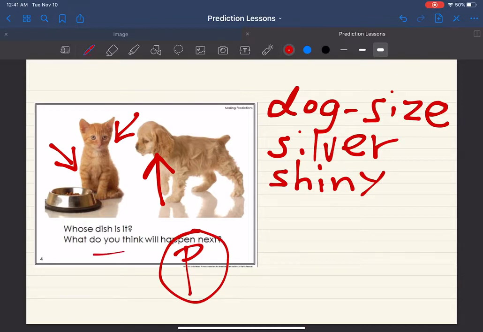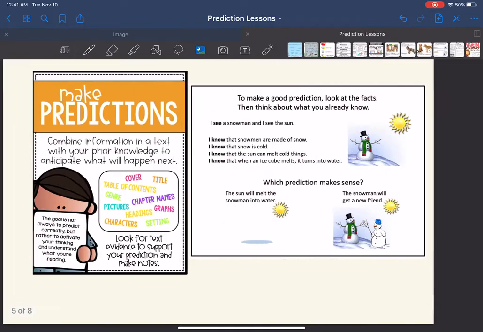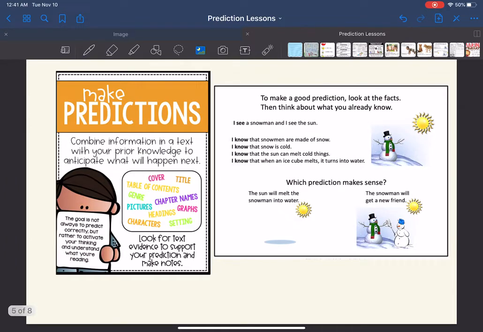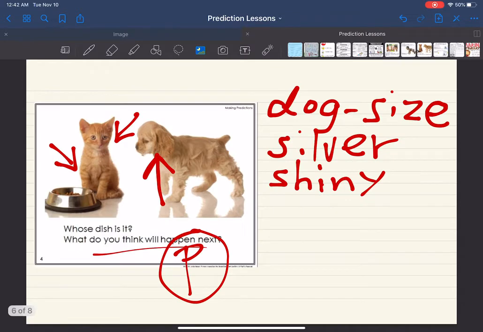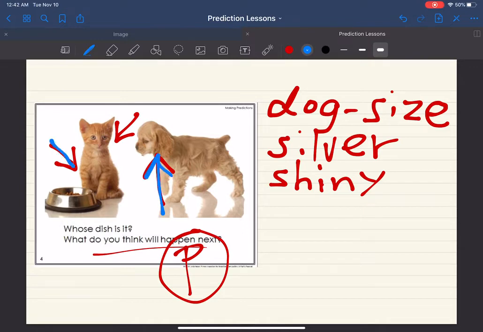Remember on the previous slide, it talked about what didn't necessarily make sense because it didn't really support the facts. But when I look at this slide and I look at the puppy again and I look at the kitty again, I see that they're both pretty chill.